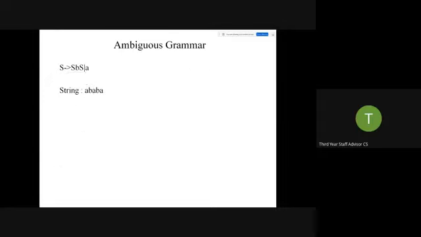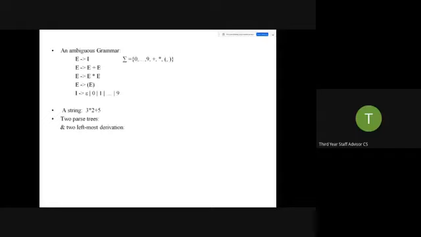Yes, ma'am. So next you have another example. Here you have a grammar, E implies I, where I represents an identifier.